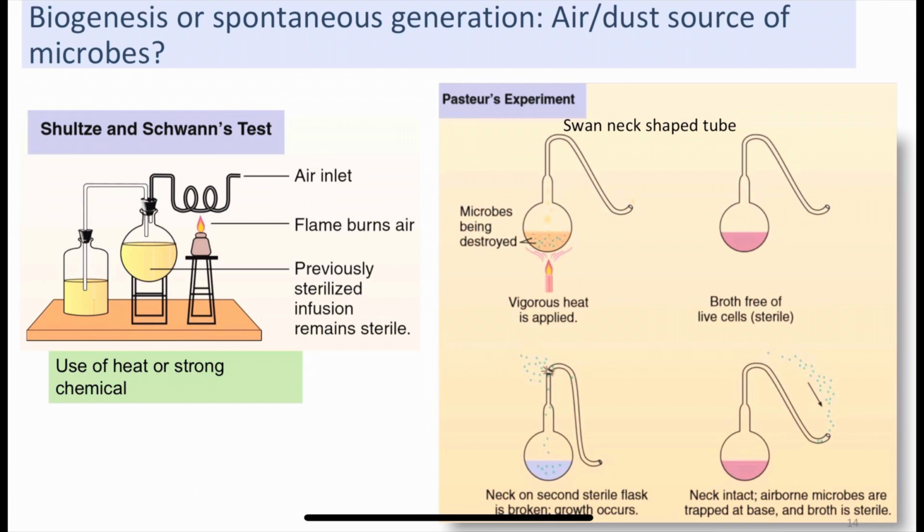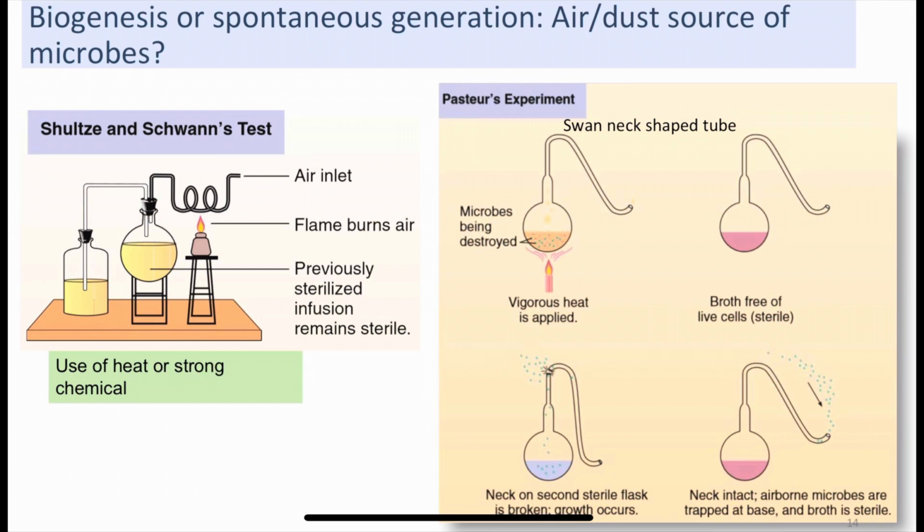and an inlet of air which was being sterilized, heated, and as a result there was no contamination, suggesting that microbial growth happens due to access from the air, where microbes from the air can contaminate the broth and result in growth.